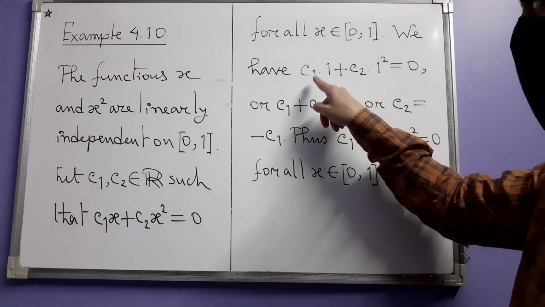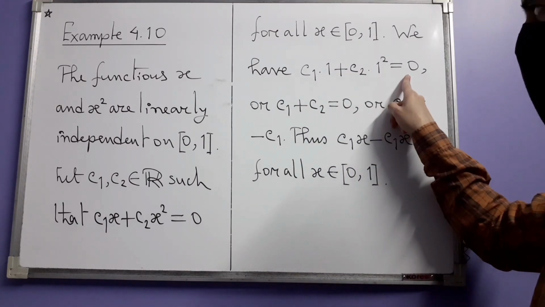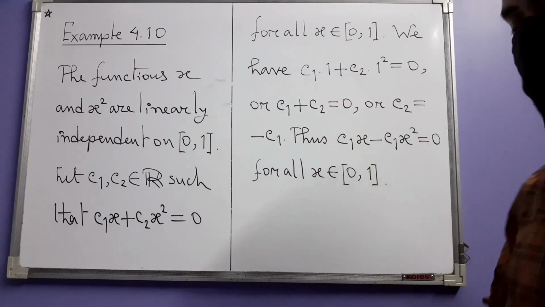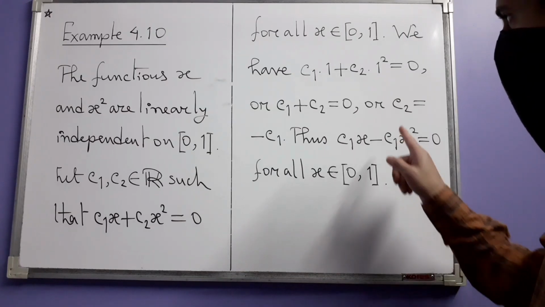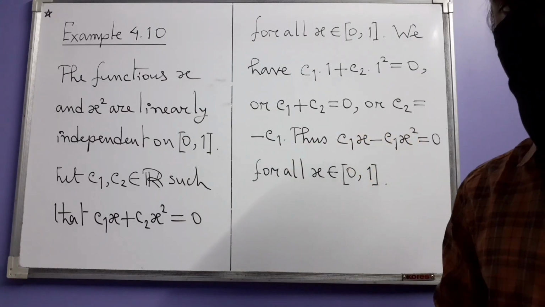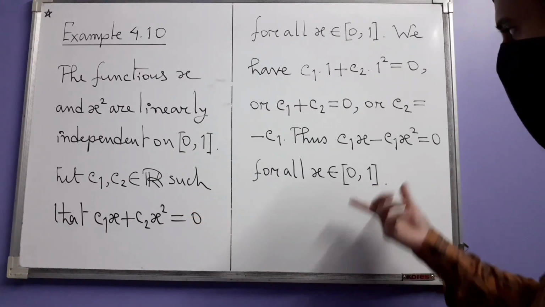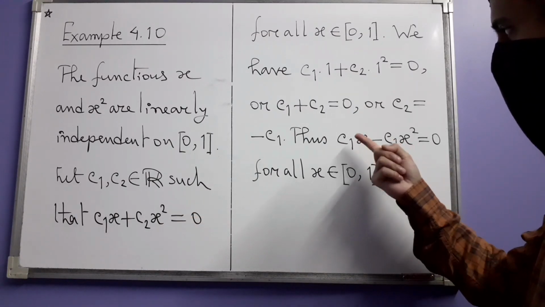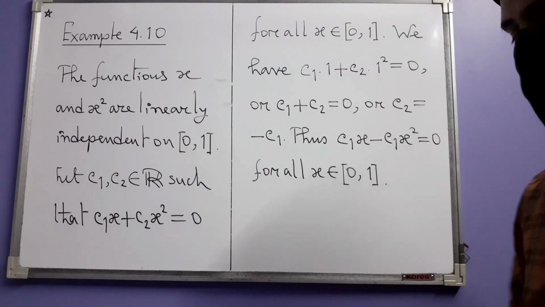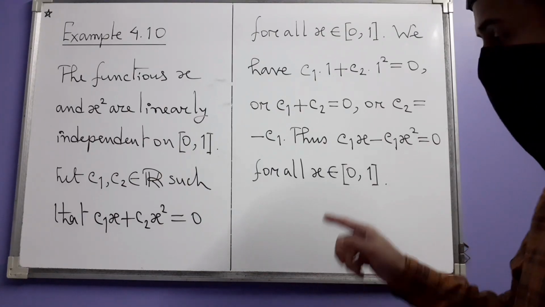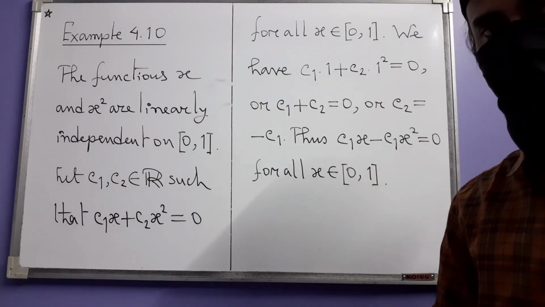So we put that here and get this. This is equal to 0, or c1 plus c2 equal to 0, which means that c2 is equal to minus c1. So we use that value here and then get this equation: c1x minus c1x squared equal to 0, and still this is true for all x belonging to 0, 1.